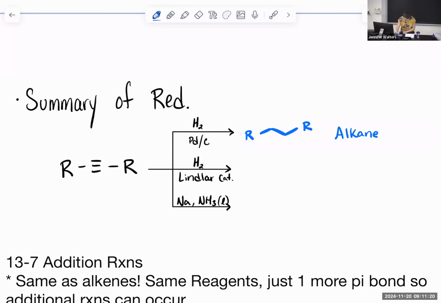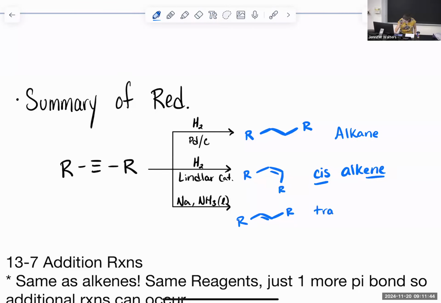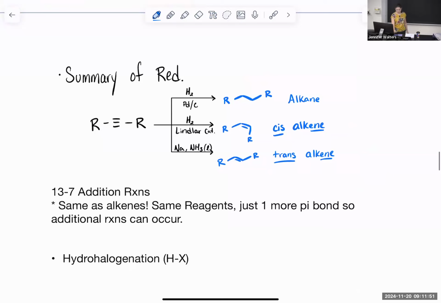The cis-alkene, thank you. And if we have our Birch reduction, having that sodium metal and liquid ammonia, trans-alkene. Perfect. So those were our reductions of our alkyne.